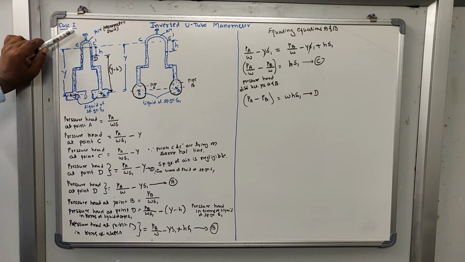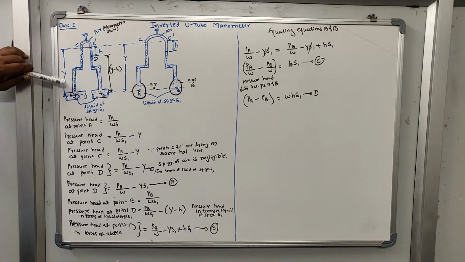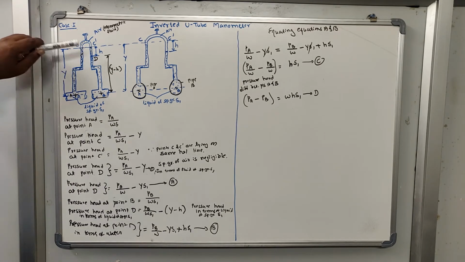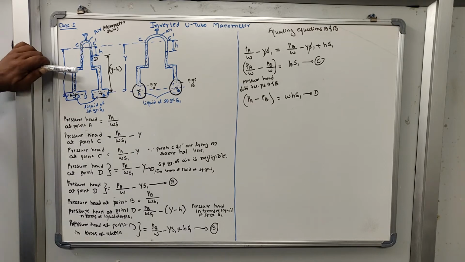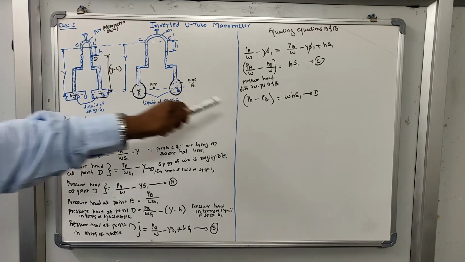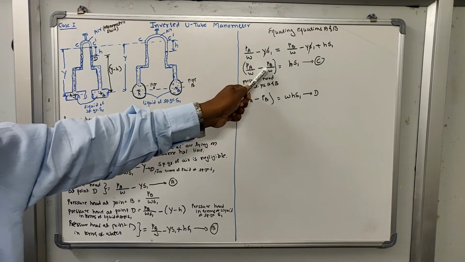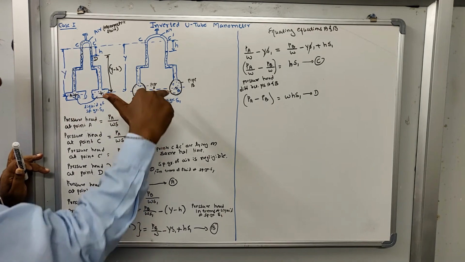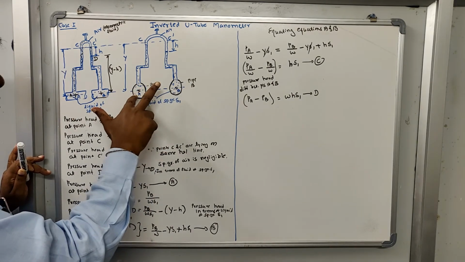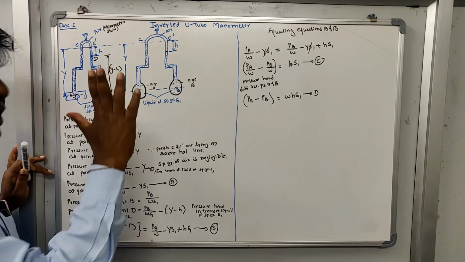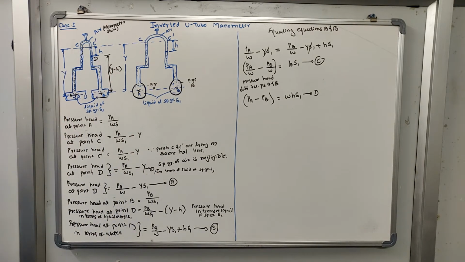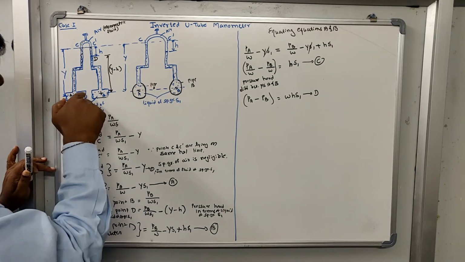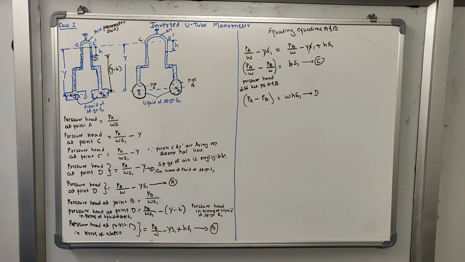This manometer we are using to measure the pressure difference or pressure head difference between points A and B in the same pipe, or between two pipes which are running parallel to each other, but the same fluid is flowing in both the pipes or in this single pipe. That is the fluid flowing inside the pipe.